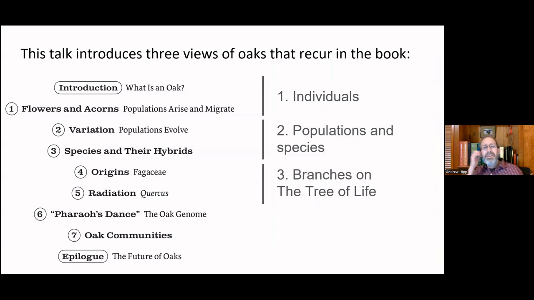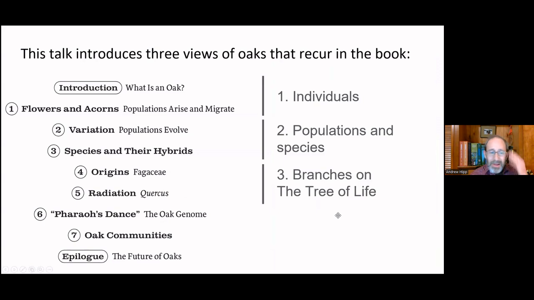So what you're looking at here is the table of contents. This is a 7-chapter book, and it runs from oaks as individuals, goes on to discuss oaks as populations and species, then goes on to talk about them as branches on the tree of life. These are the three views that I'm going to talk about in this presentation.